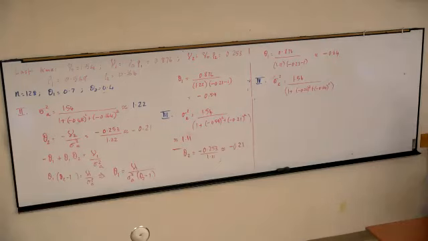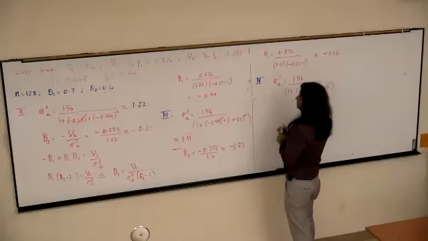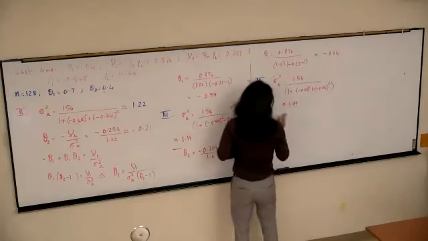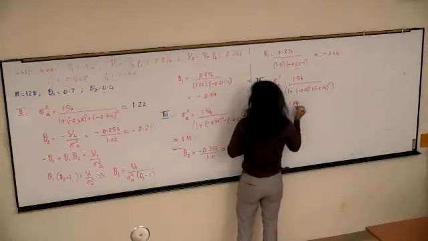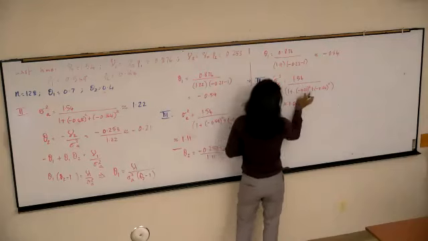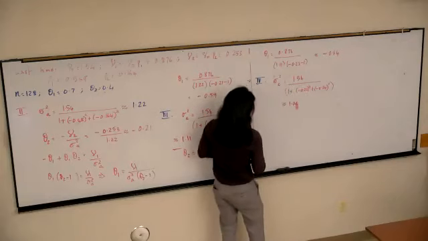What do we get? It was 1.05, 0.59, so like 1.06.